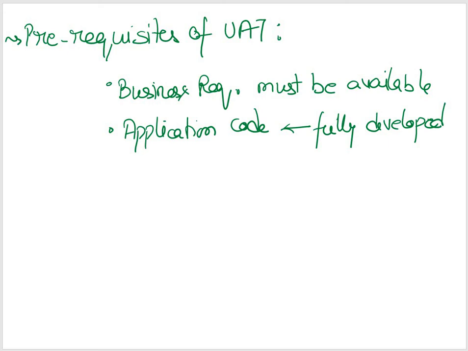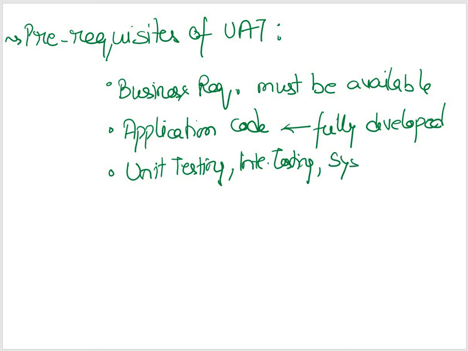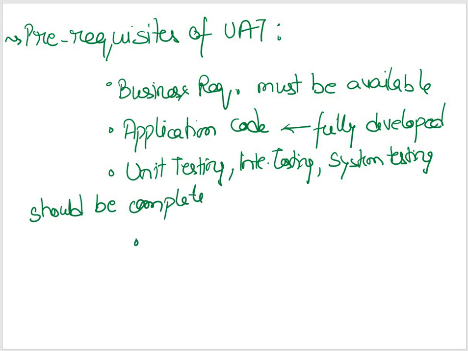Another is your application code. This should be fully developed, because if I don't have this fully developed, then going for user acceptance testing does not make any sense. Your unit testing, your integration testing, your system testing should be complete.